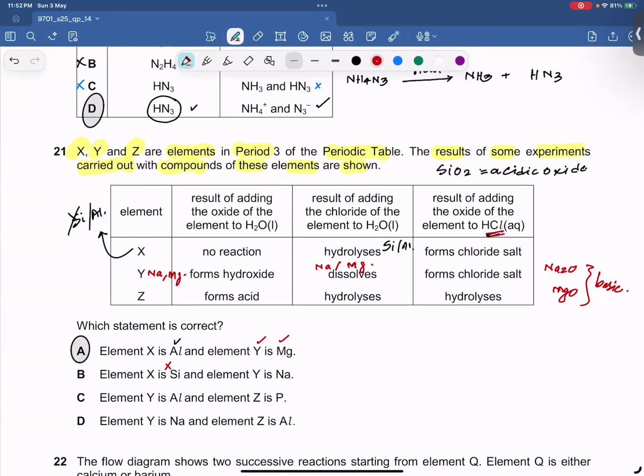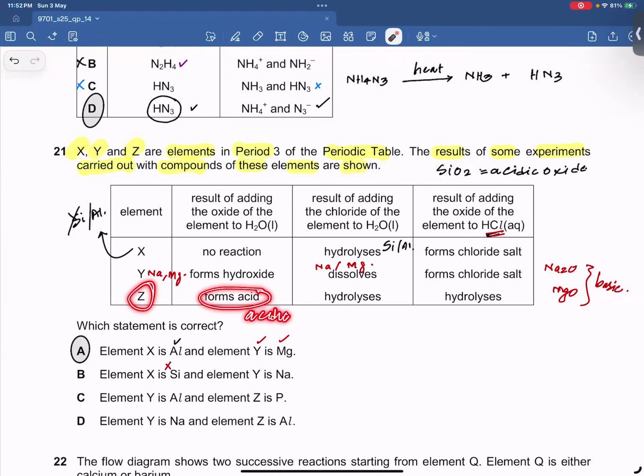X जो है वो सिलिकॉन नहीं हो सकता, फॉर श्योर इट इज एल्यूमिनियम, क्योंकि मैंने कहा है कि सिलिकॉन का जो ऑक्साइड होता है वो सिलिकॉन डाइऑक्साइड होता है, वो एसिडिक ऑक्साइड होता है, और एसिडिक ऑक्साइड कभी भी एसिड से रिएक्शन नहीं करते. अच्छा, अब एक चीज और देख लीजिए, Z से रिलेटेड. ये एसिड बना रहा है, इसका मतलब एसिडिक ऑक्साइड है, और एसिडिक ऑक्साइड कभी भी एसिड से रिएक्शन नहीं करते, जबकि वो कह रहा है हाइड्रोलाइज हो रहा है.